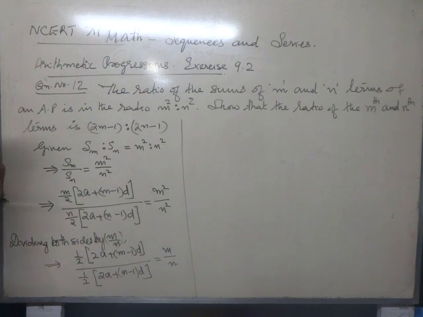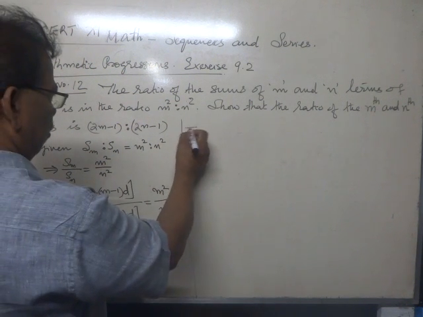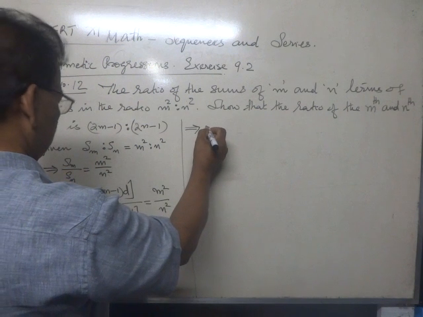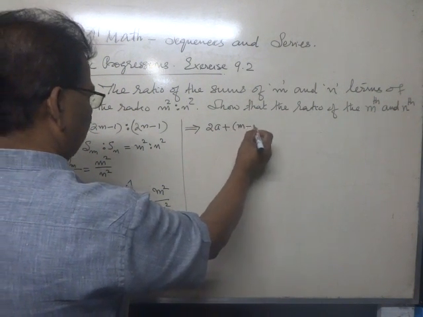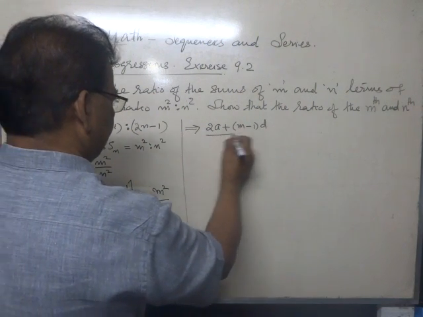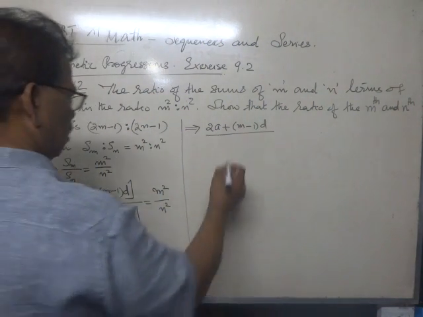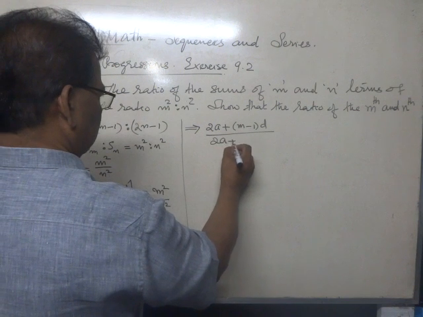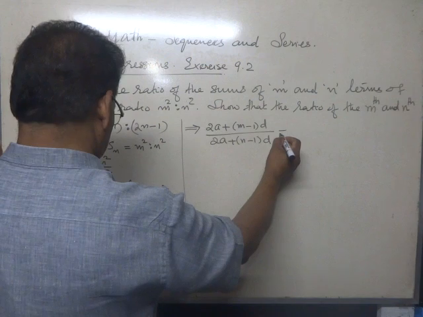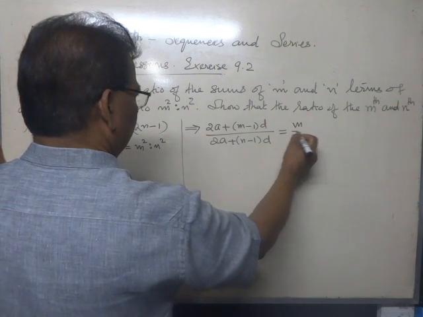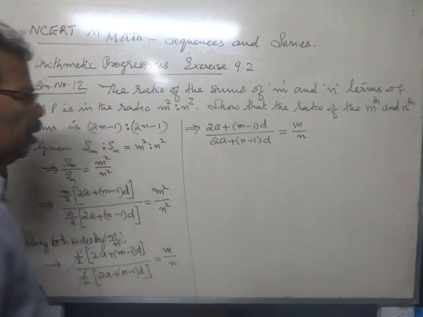That is to say, we can write it as 2a plus m minus 1 d by 2a plus n minus 1 d is equal to m by n.